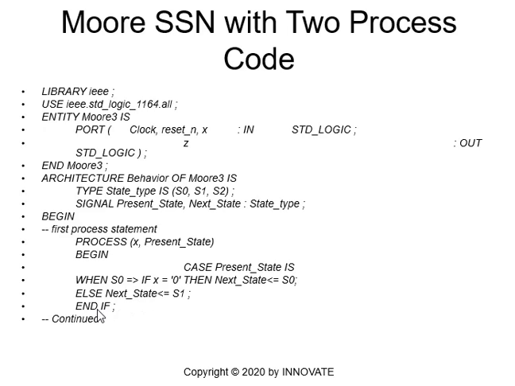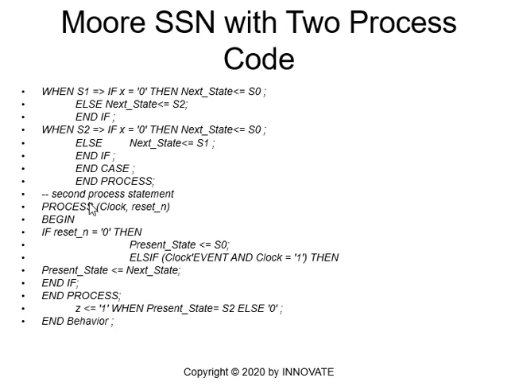When I am in S1, if X is 0, I will go to S0 as my next state. Else, I will go to S2, so S2 will be my next state. When I am in S2, if X is 0, I will go to S0, so S0 will be my next state. Else, S1 will be my next state. End if, end case, end the process.